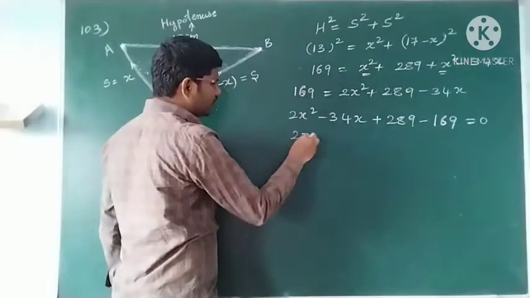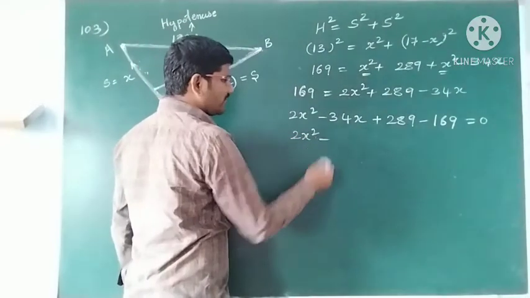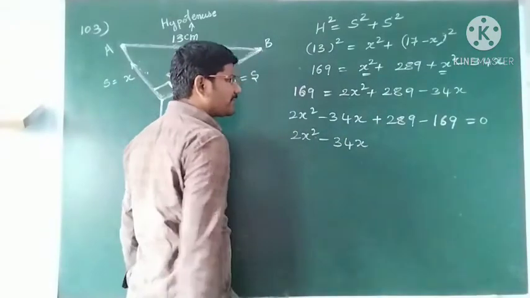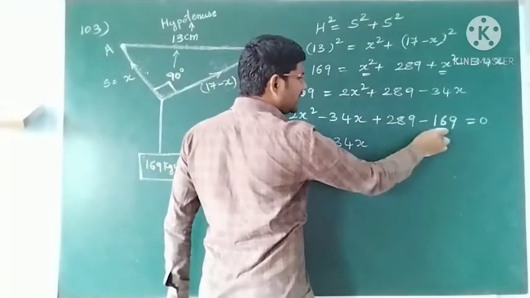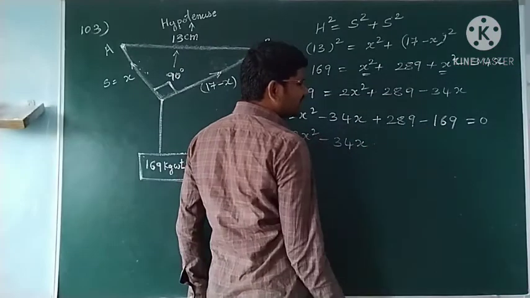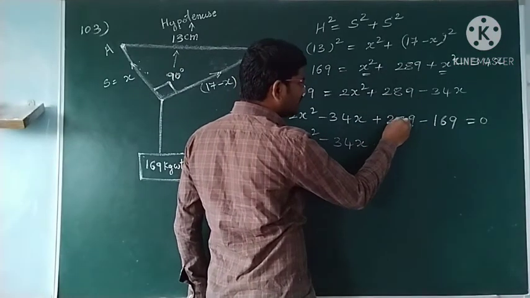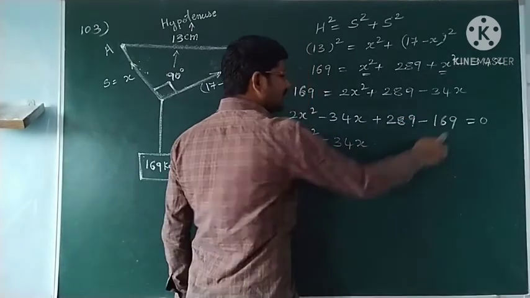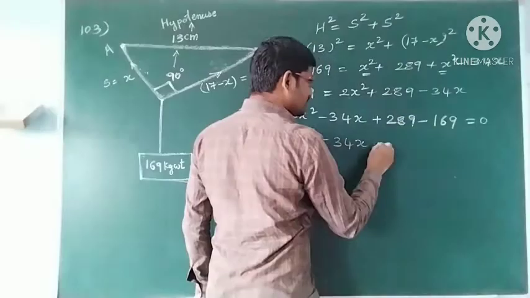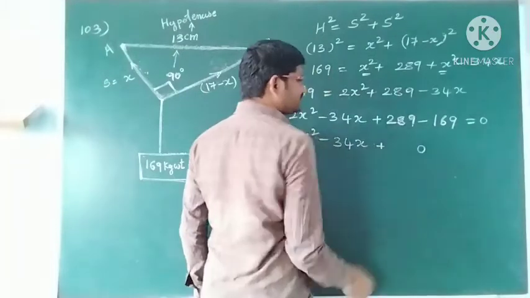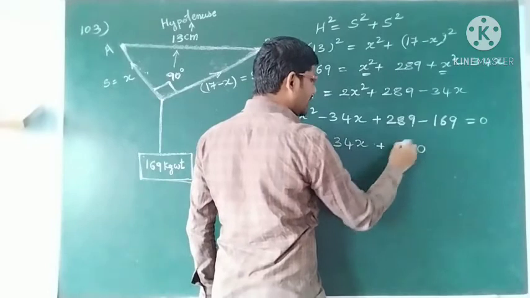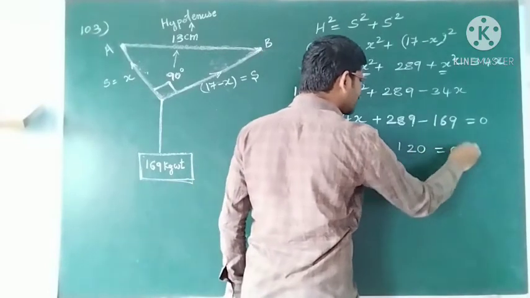So we have 2x square minus 34x, and this is 289 and this is 169. Do the subtraction, 289 minus 169: 9 minus 9 is 0, 8 minus 6 is 2, 2 minus 1 is 1, so 120 is equal to 0.